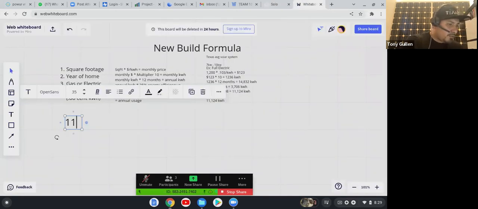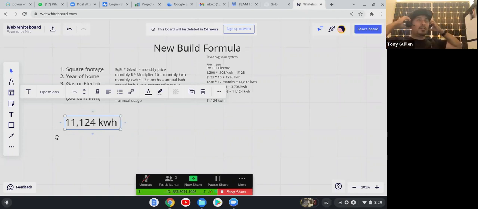So we know it's an energy efficient home. This is what we got, and now we find out that they have gas. So if they've got gas, this is how we're going to calculate it.